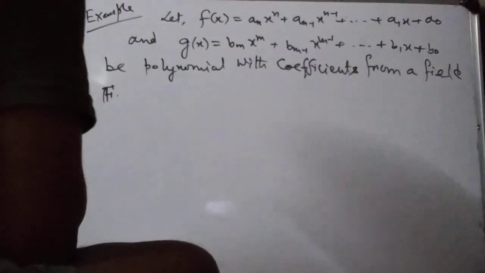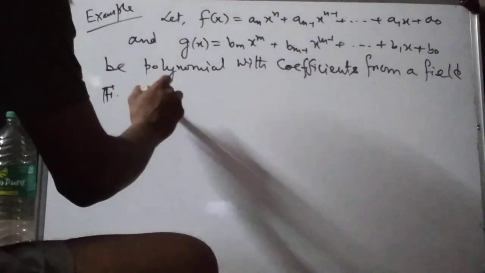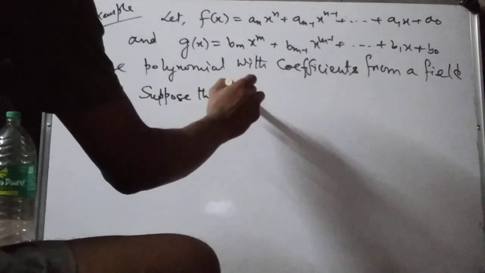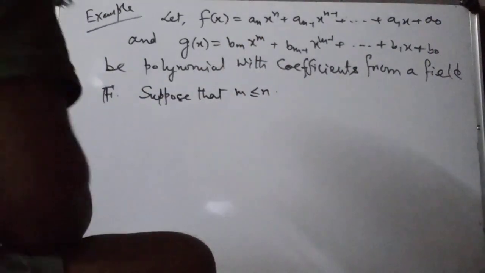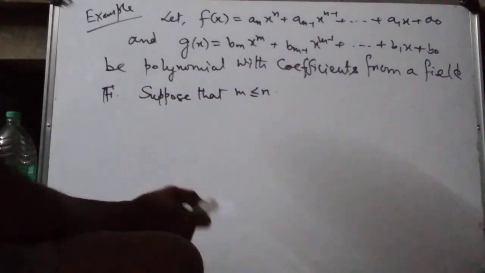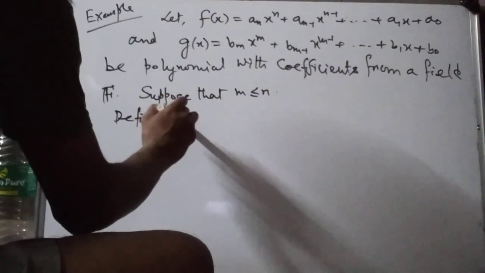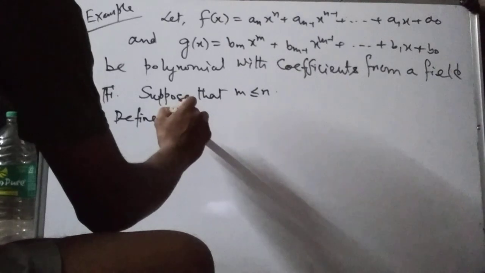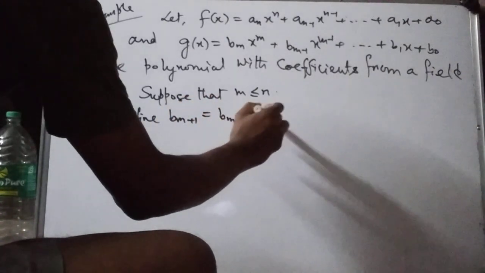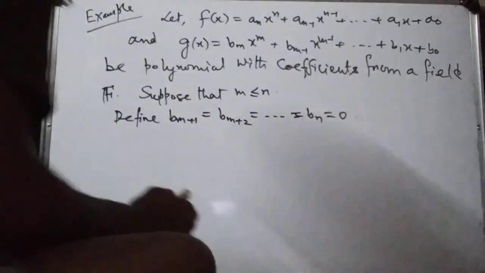Then suppose that m is less than or equal to n. Then we define b_(m+1), b_(m+2), up to b_n equal to 0.